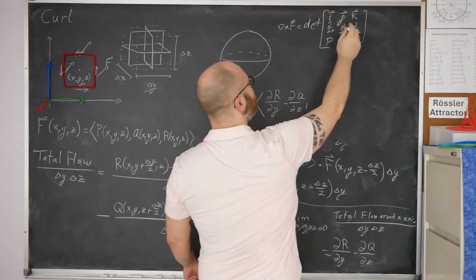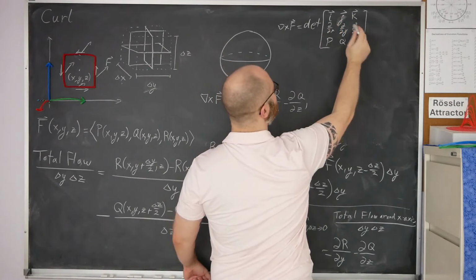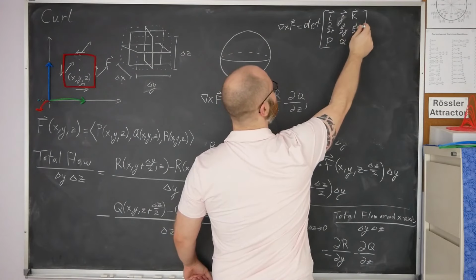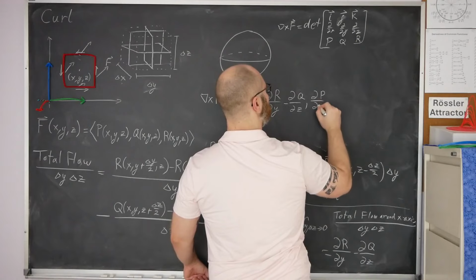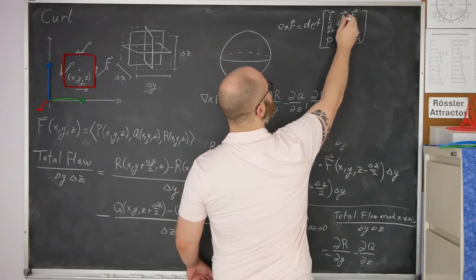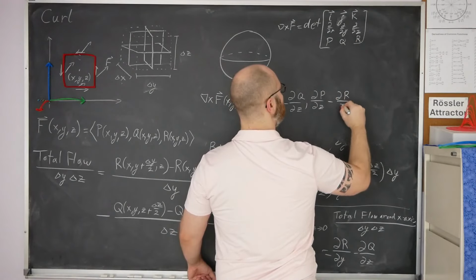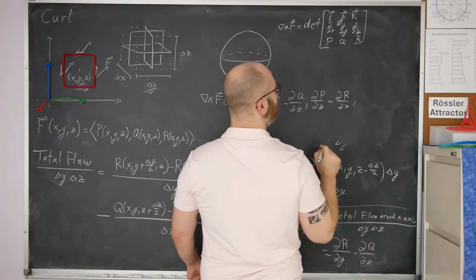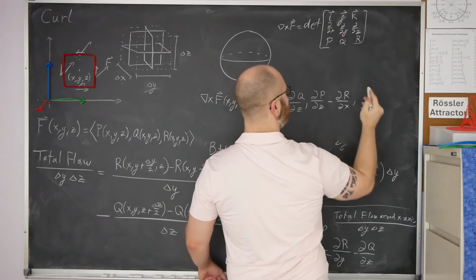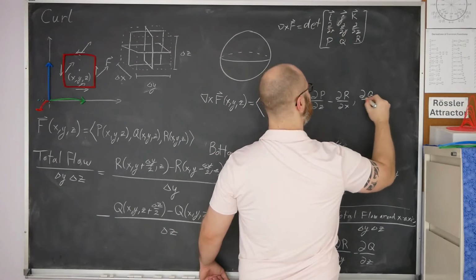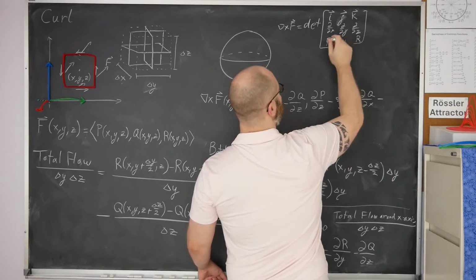The y-axis component, we get j times partial z times P, so partial P partial z, minus j times partial x times R, so partial R partial x. And the last one, k times partial x times Q, so partial Q partial x, minus k times partial y times P.